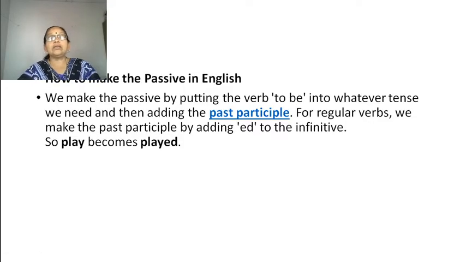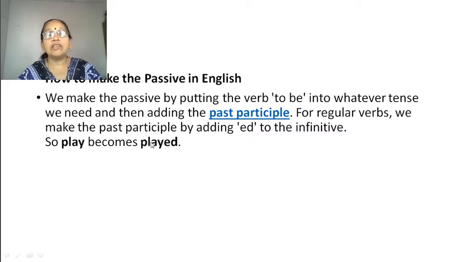How to make the passive in English. We make the passive by putting the verb to be into whatever tense we need and then adding the past participle. For regular verbs, we make the past participle by adding ed to the infinitive.